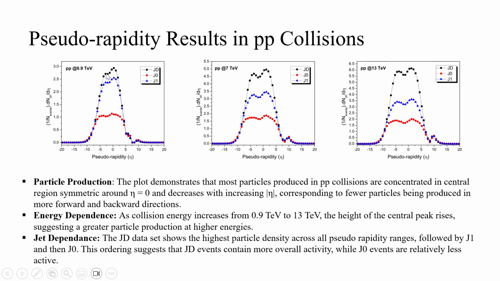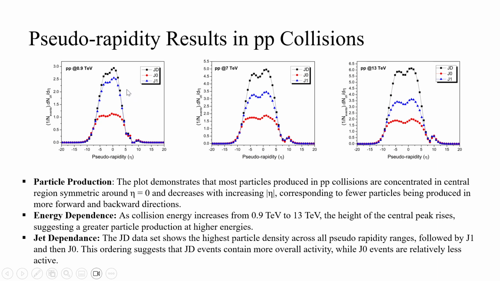Okay, so let's check the jet dependence. As you can see, the JD data shows the highest peak density. These black squares show the highest density compared to the blue and red curves.